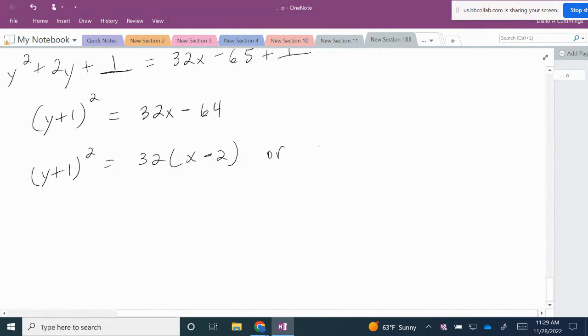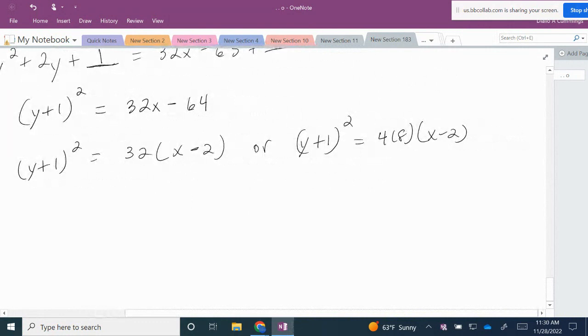Or we can write this as y plus 1 quantity squared is equal to 4 times 8 times x minus 2. Right?